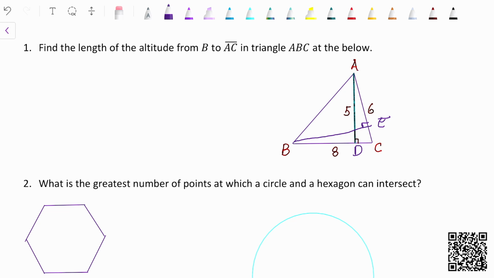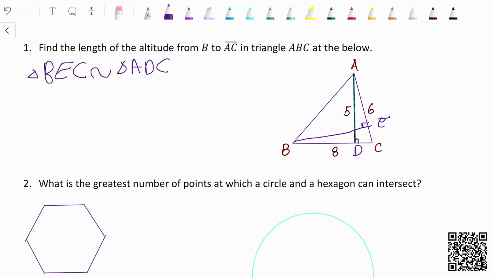So if you want to use this method that I'm about to show, which is like a similar triangle ratio kind of thing, you have to prove that these two triangles, and by these two triangles I mean triangle ADC and BEC, are similar. So how are we going to do that? So triangle BEC has to be similar to triangle ADC.